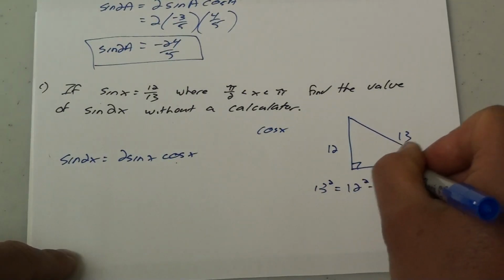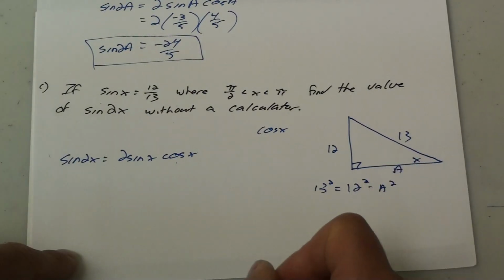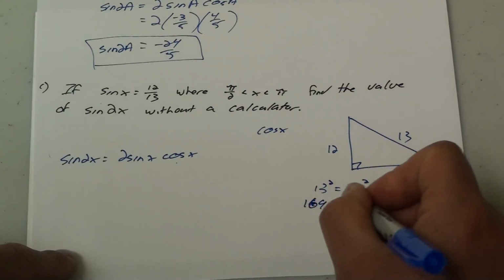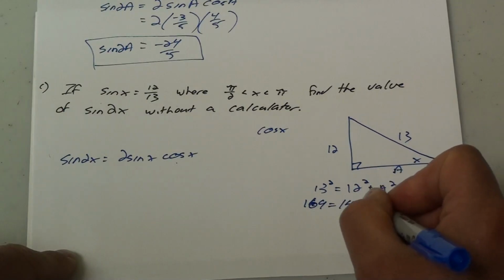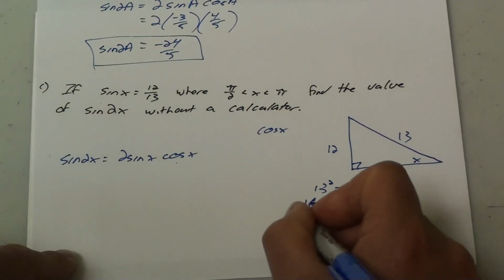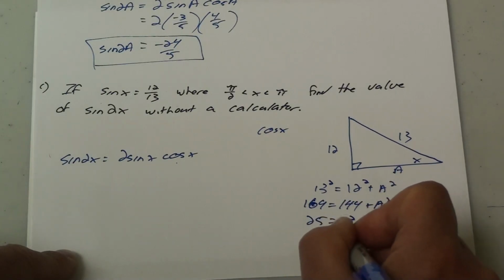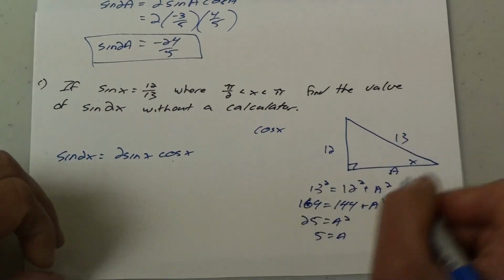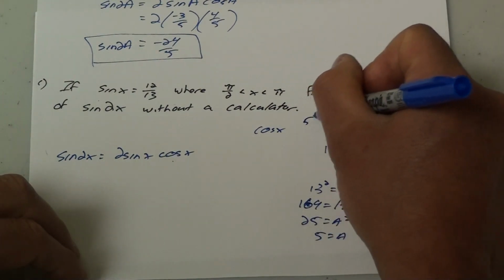Let's call this A for adjacent. Okay, so I have 169 equals 144 plus a squared, so that'd be 25 equals a squared, and 5 would equal a. So a equals 5, so cos is 5 over 13.